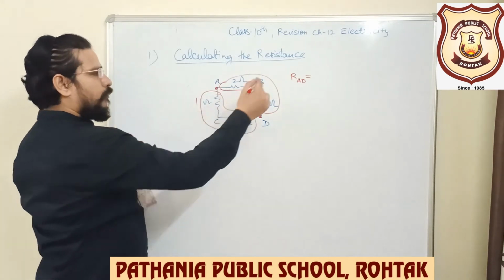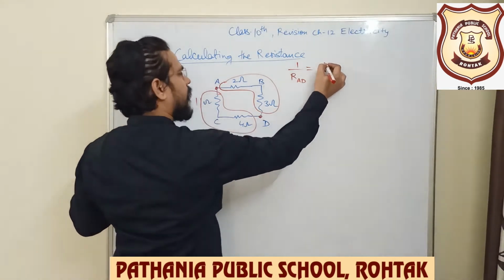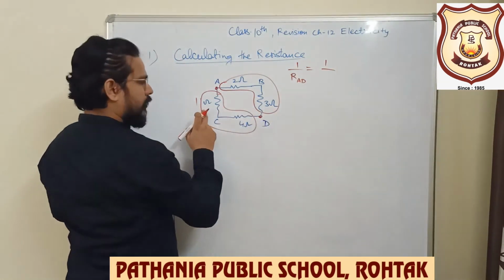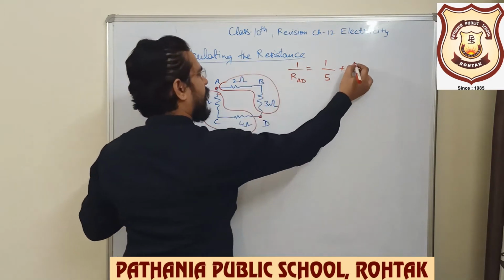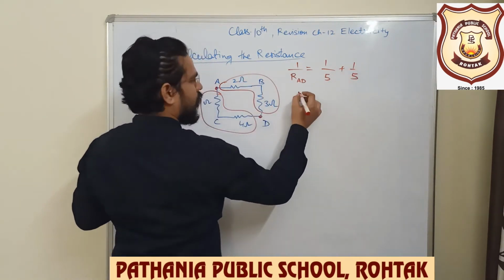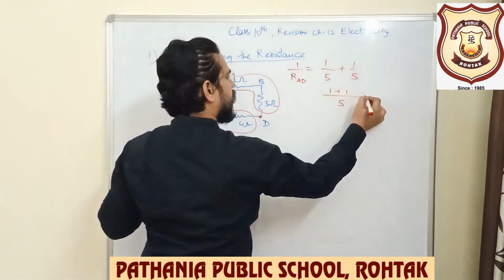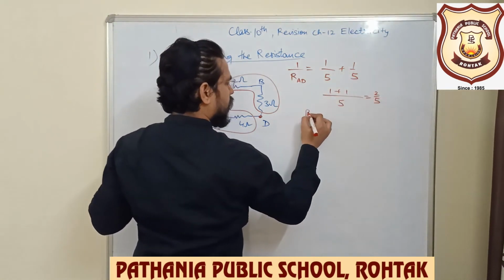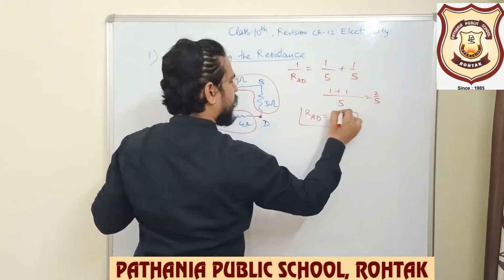So your 1 by RAD will become 1 by 1 plus 4, that is 5, plus 1 by 2 plus 3, that is 5. So it is 5 LCM, 1 plus 1 is 2 by 5. So your RAD will become 5 by 2 ohm.